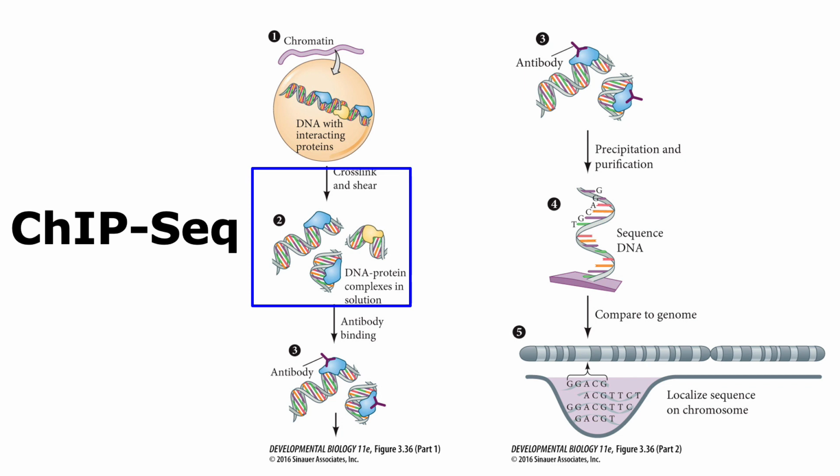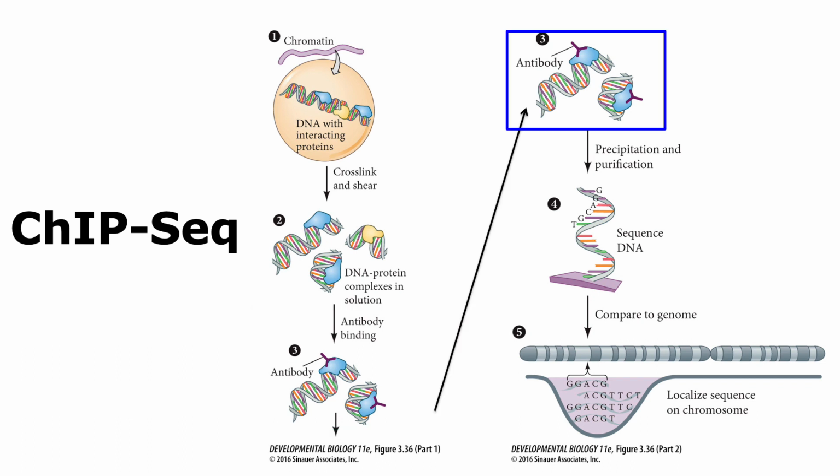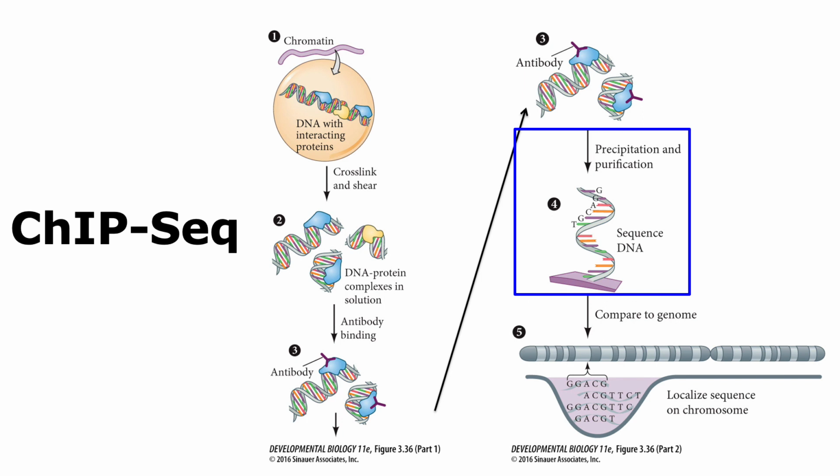Once we have the sheared DNA present, an antibody is added to the protein or the transcription factor that we are interested in. Binding of the antibody to the transcription factor is one of the essential steps in this technique. Once that binding occurs, precipitation and purification of these DNA complexes that are bound to the transcription factor occurs.